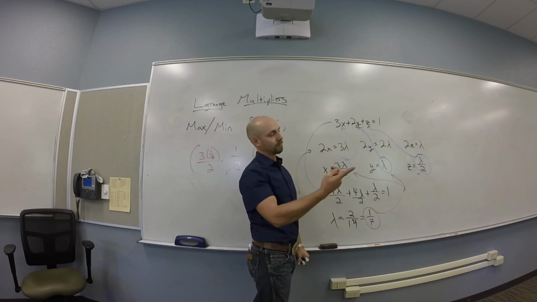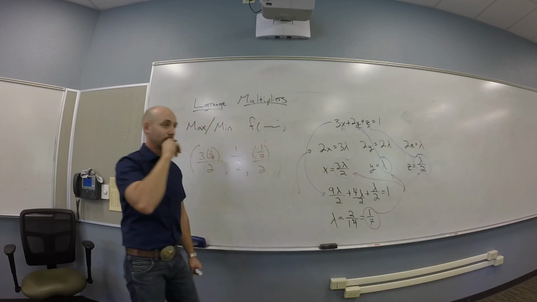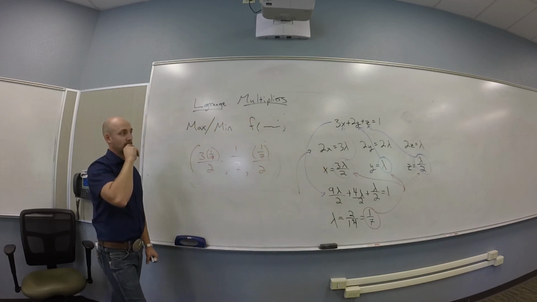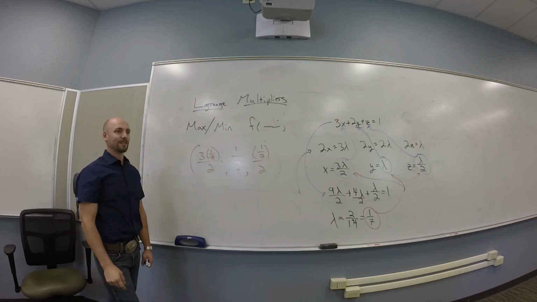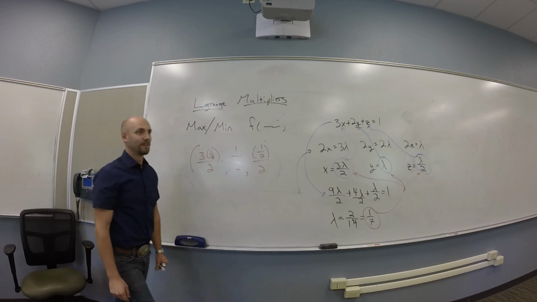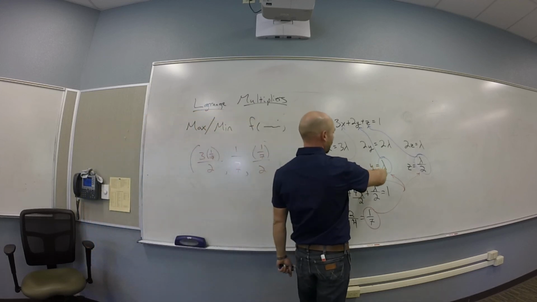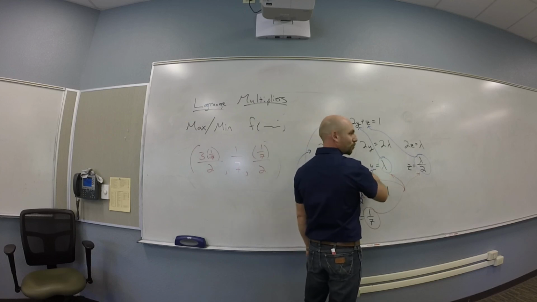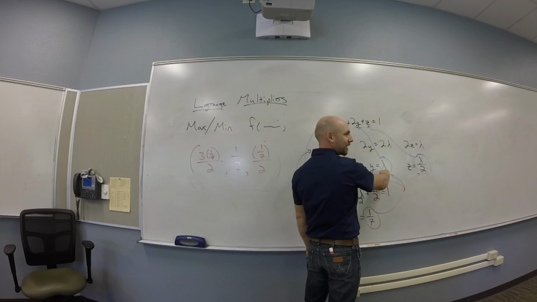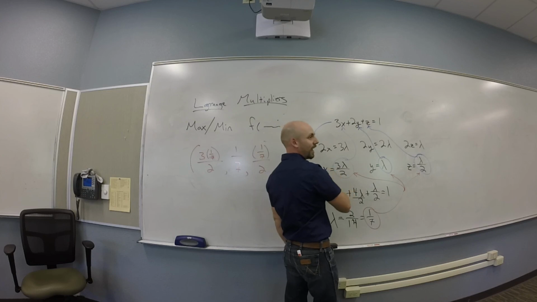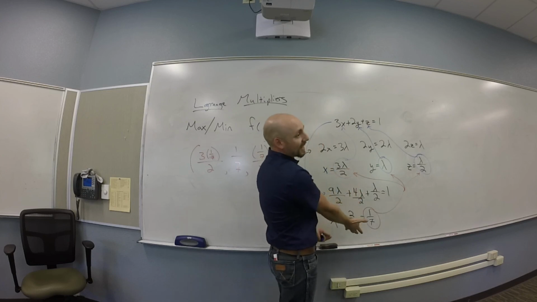Cool? You said that sometimes you wouldn't need to find lambda. What would be a situation in which you just don't find lambda? You could actually do this one without finding lambda. Do you guys see how? Instead of setting y as lambda and plugging lambda into the equation, you could do y as y, so z is y over 2 and x is 3y over 2, and you would get identically this.